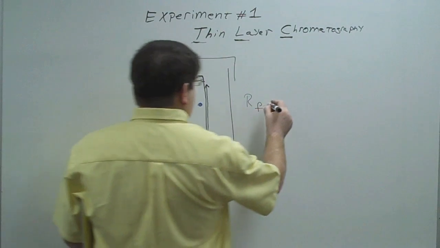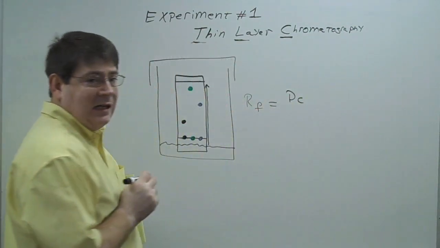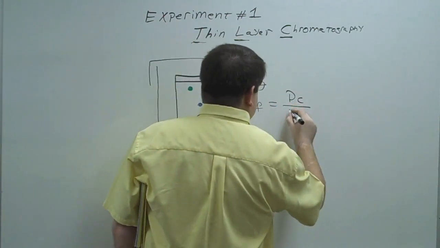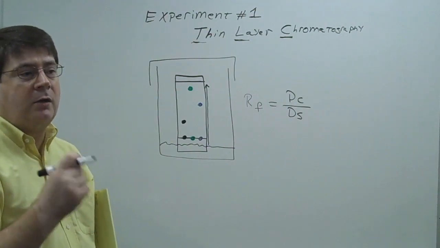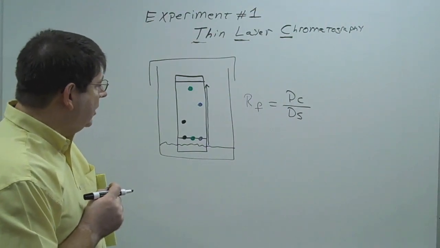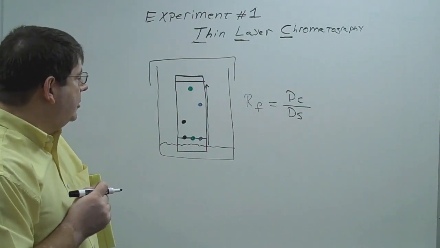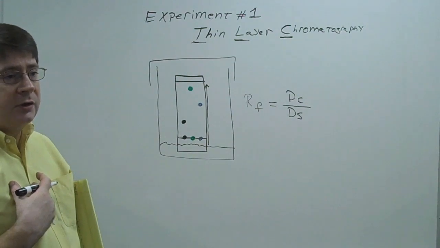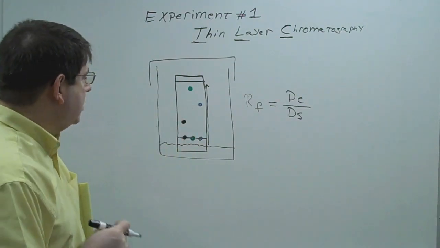RF is defined as the distance that the spot traveled, and I'm going to call that DC for component, over the distance that the solvent has traveled. And a good way to do this, of course, is just to simply use a simple ruler. And usually we measure these either in centimeters or millimeters. I prefer that you use millimeters simply because you can get more accurate measurements because you've got more little marks on your ruler.